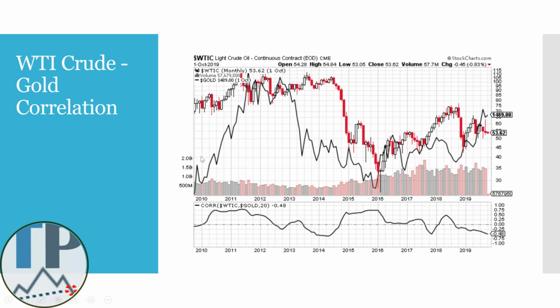And when the correlation becomes highly positive, such as during the second half of 2010 through to, rather, Q2 of 2011, that could just have been due to the fact that the Eurozone was experiencing a crisis. There was the Euro crisis.